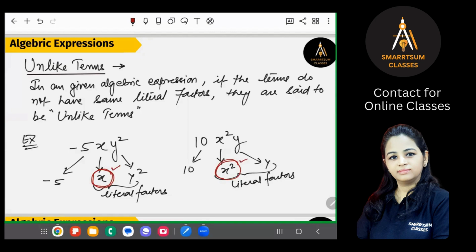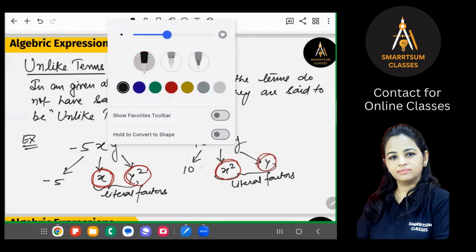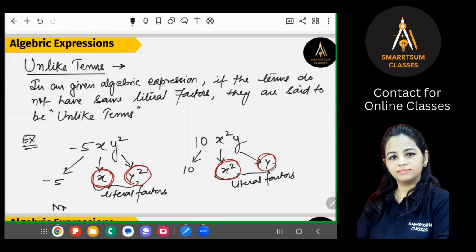So their power is not same, so they are different. Similarly, here y square is another literal factor, but here we have only y. Is that clear? Since they are not having the same literal factors, that's the reason they are called unlike terms, right?